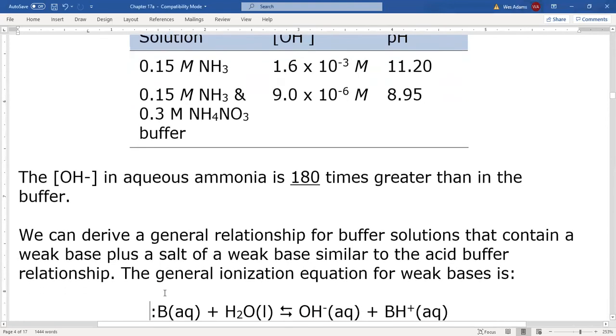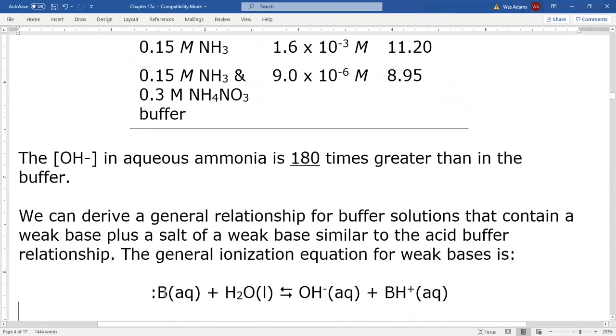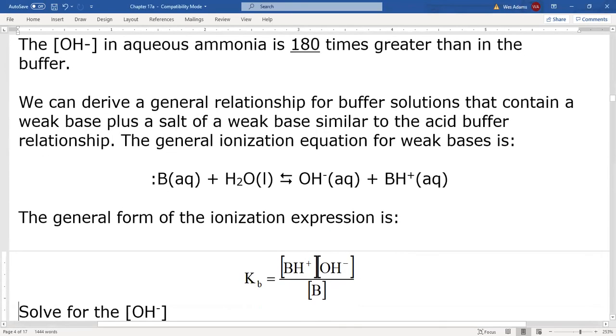And so we can do a very similar derivation with some generic base. Many of your nitrogen-containing compounds, particularly organic nitrogen-containing compounds, do act as weak bases, very similar to how ammonia does. So we've got a base plus water producing hydroxide and usually a cation of the nitrogen-containing salt. And so we get a general expression, Kb equals our protonated base, cation, times hydroxide divided by the unionized base.